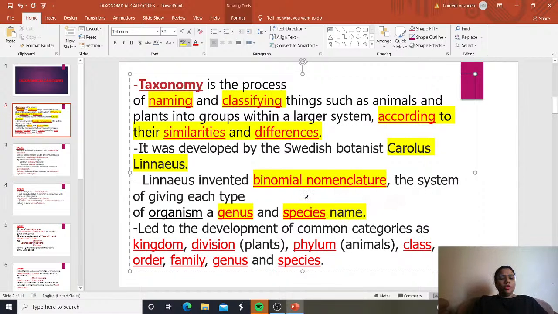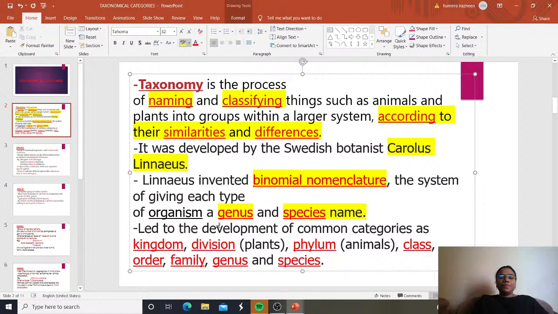Nomenclature is nothing but the naming of an organism, so binomial nomenclature means naming the organism with two names. One is the generic name and the other is the species or specific name.